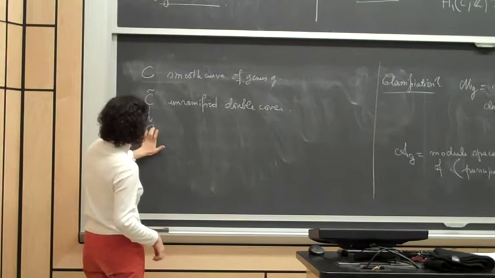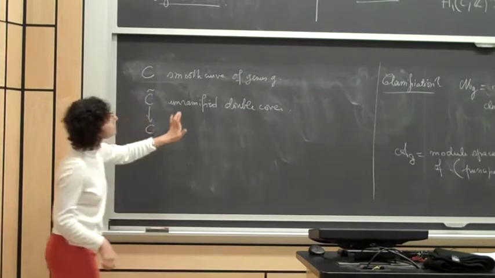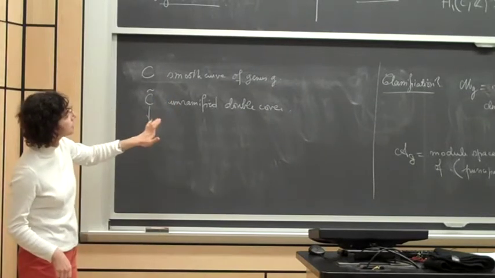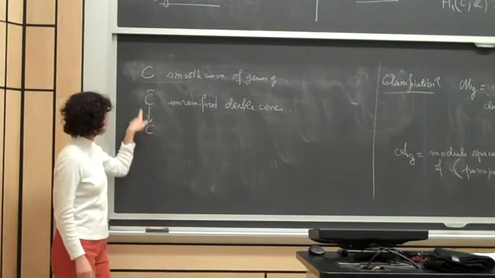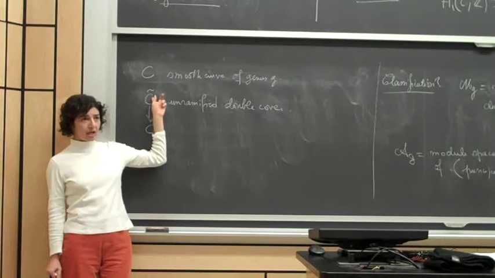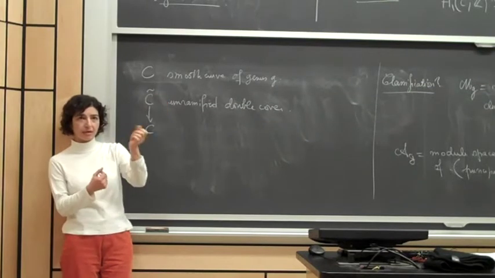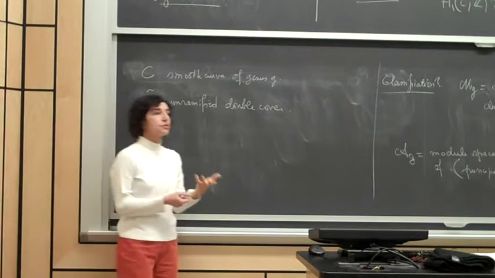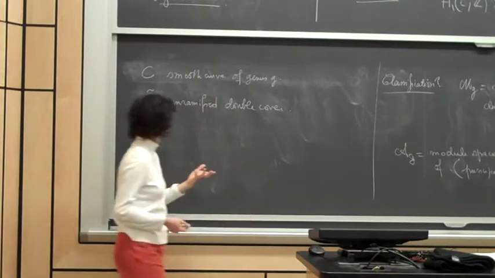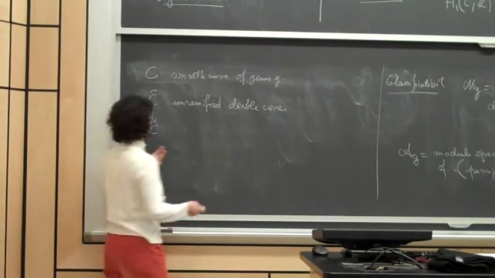If you start with a curve, well, that's 3g minus 3 parameters, right? The dimension of M_g was 3g minus 3, and if you add the data of a double cover, you're only adding a finite amount of data, because for every curve, the number of double covers is 2^(2g) minus 1, non-trivial, right?